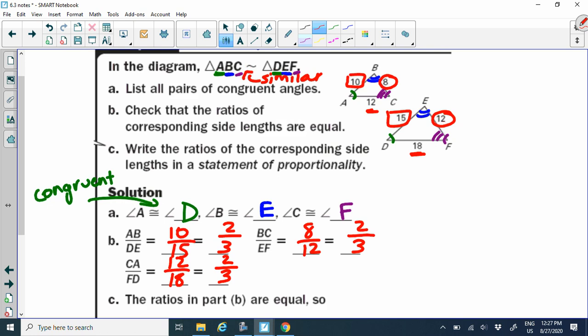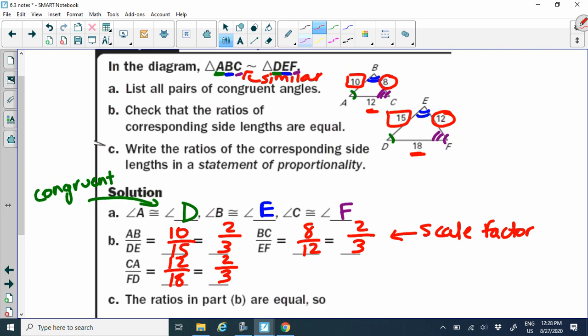Now notice that the ratios are all the same, 2/3, 2/3, 2/3. That is what we would call our scale factor. In order for polygons to be similar, the corresponding sides all have to have the same scale factor.